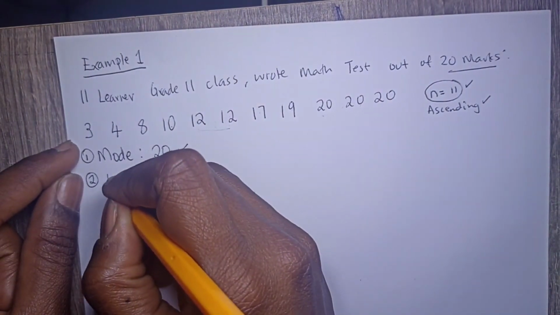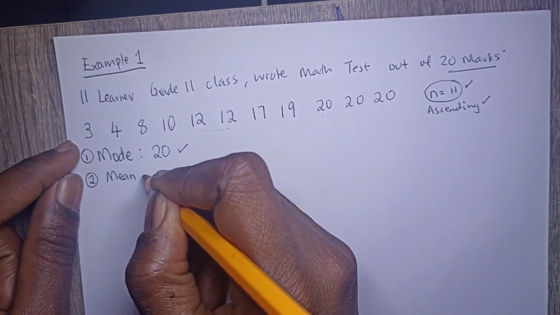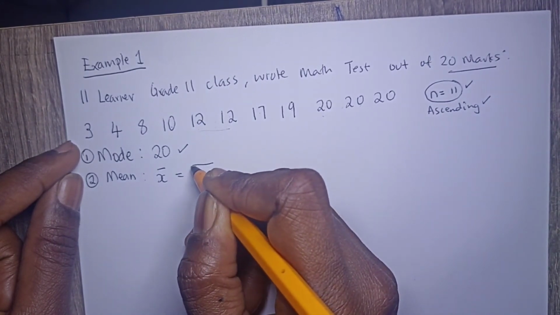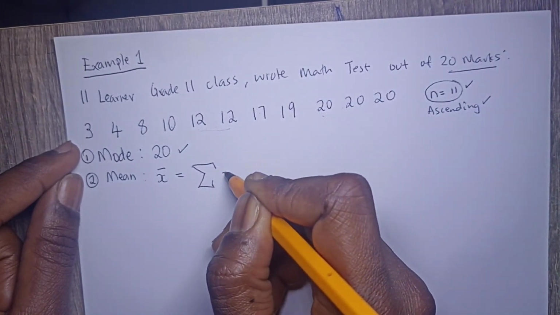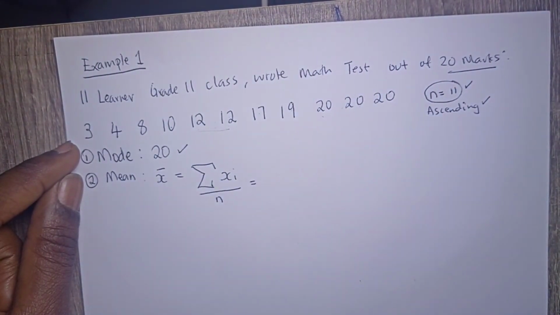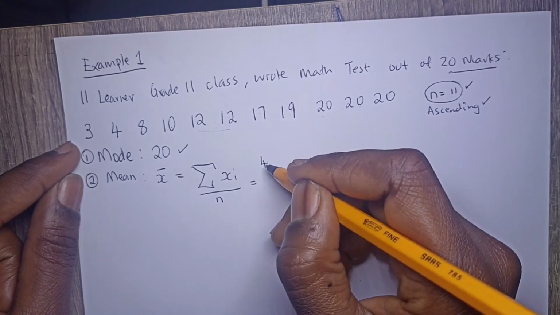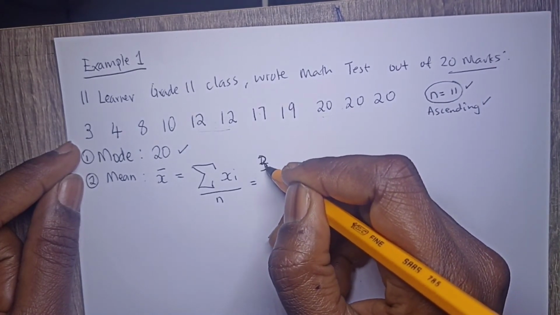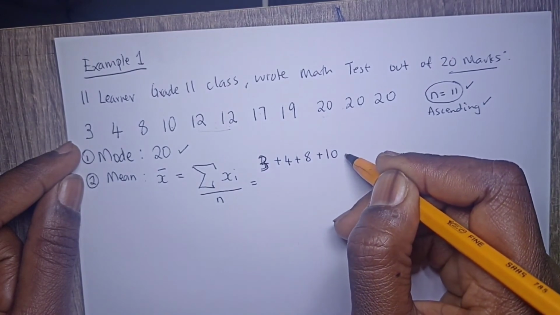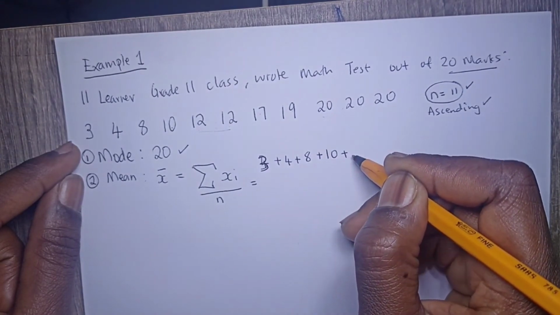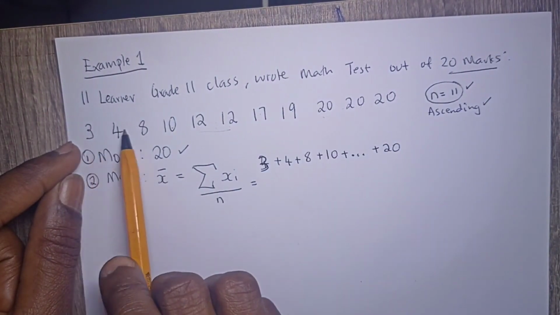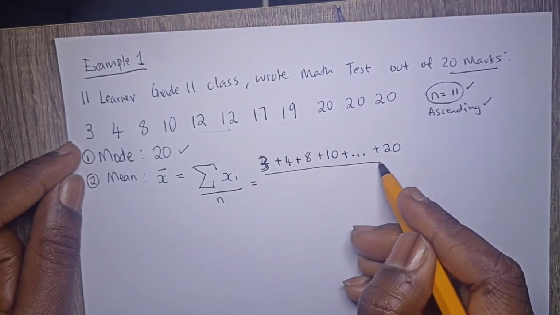Let's find the mean. The mean we said is the average, and is given by x bar equals sigma x over n. So we're basically going to add all the values. The first one is 3 plus 4 plus 8 plus 10 plus blah blah blah plus 20. Just add all of this and divide it by how much?